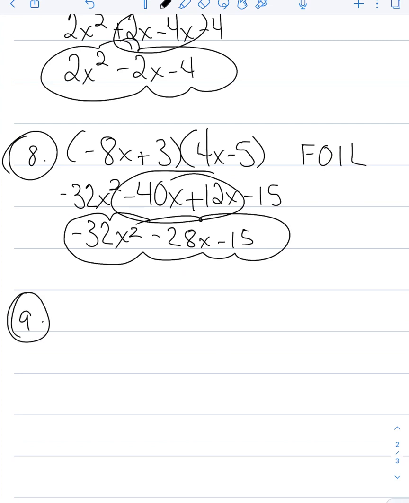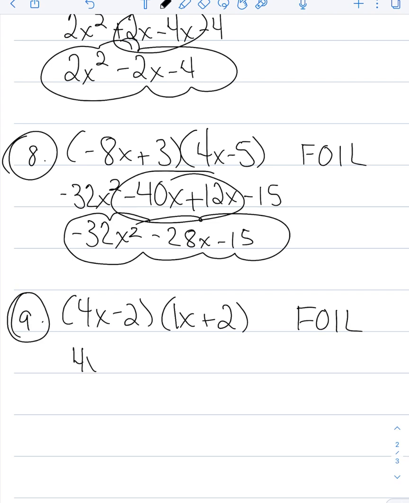Let's try one more before we go into our last set of problems. So I have 4x minus 2 times x plus 2. I'm multiplying two binomials, so I'm going to use the FOIL method. Multiplying my first two terms, first in the set of parentheses, 4x times 1x is 4x squared.